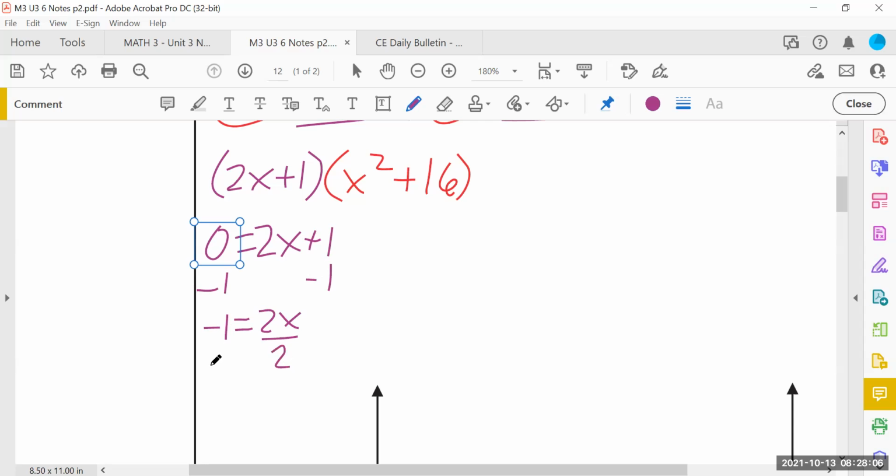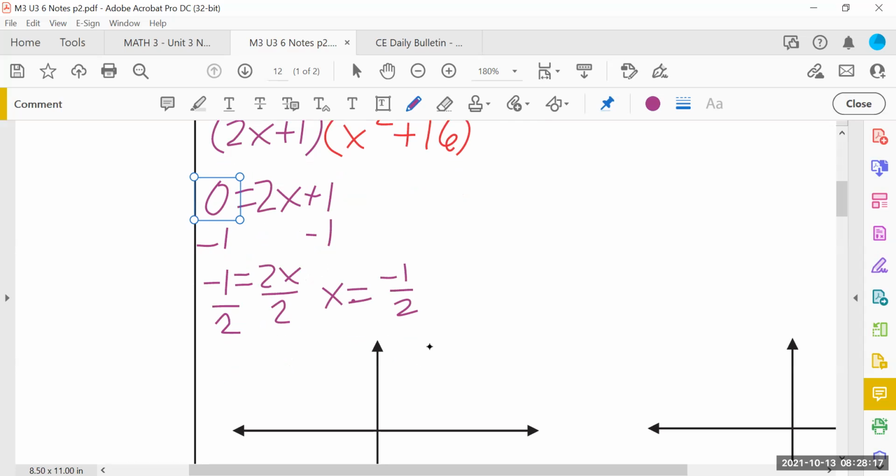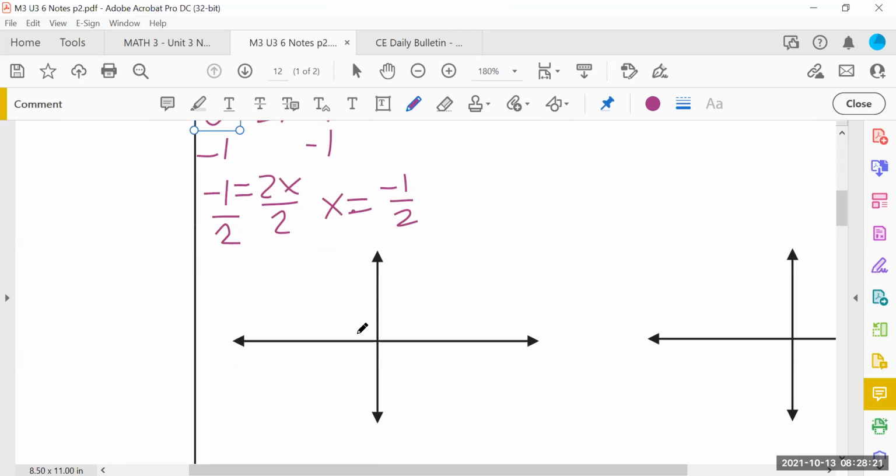So here, for the first time, we're getting an x-intercept that's a fraction. X equals negative 1/2. Now, yeah, it's a fraction, but I can still graph that. I can find negative 1/2 on my graph. So I just come down here and say, okay, here's 1, negative 1. Negative 1/2 would be right about there. So there's one x-intercept.